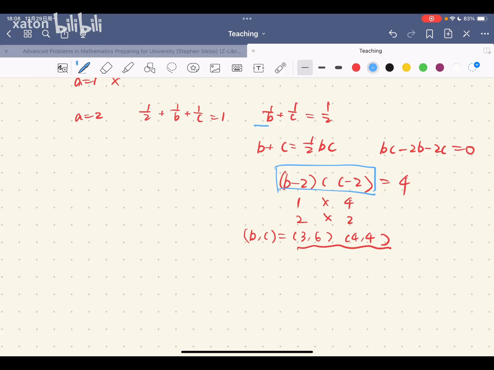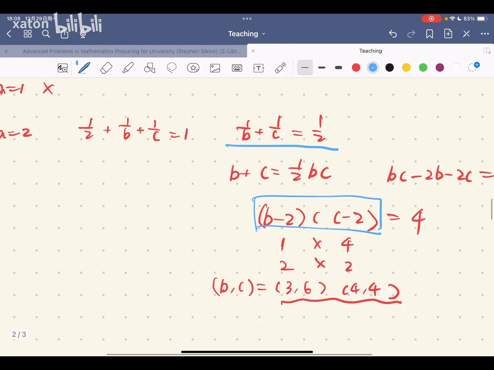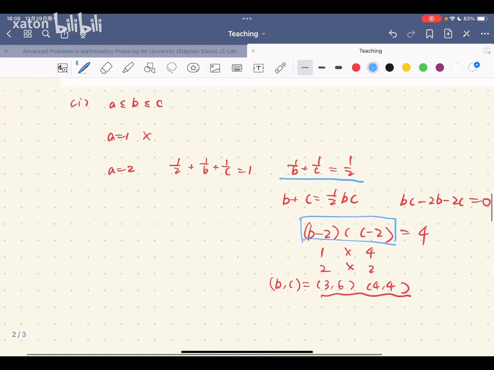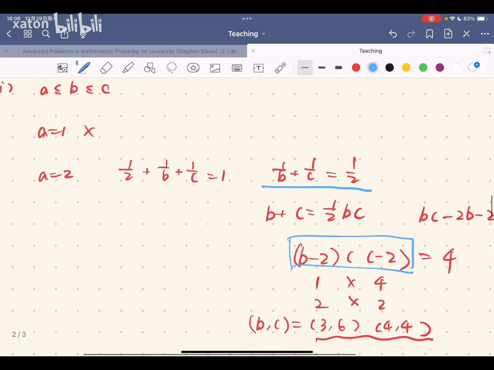But actually this is not necessary, since if we look directly at this equation, we can see that b cannot be 2, so we start from b equals 3. If b equals 3, c will be only 6, and if b equals 4, c will be 4 as well. If b equals 5, we are sure that c is larger than b, so the best possibility for the left-hand side is c equals b.